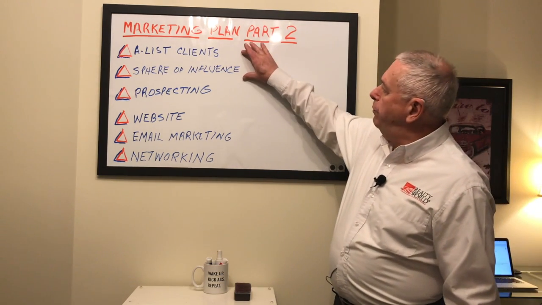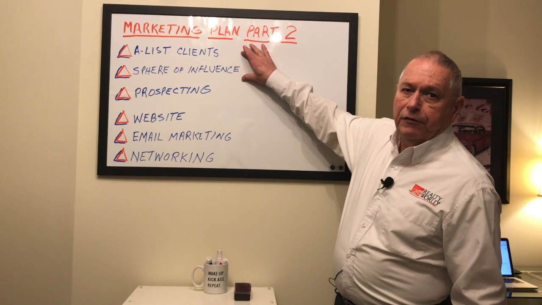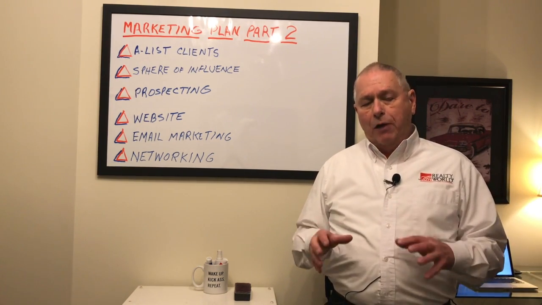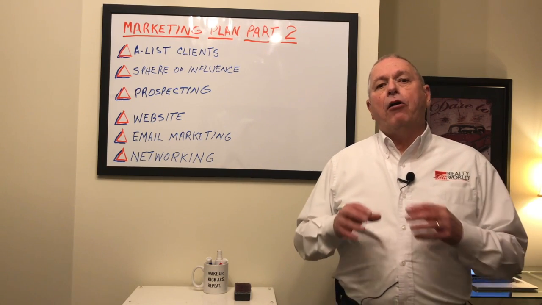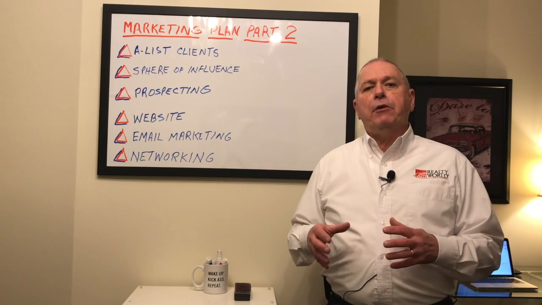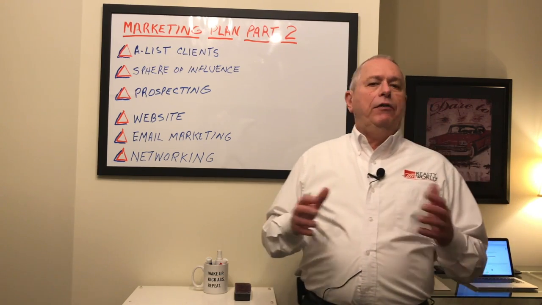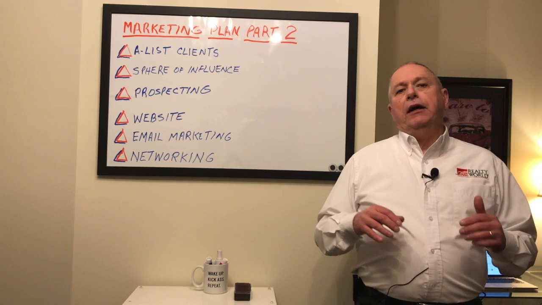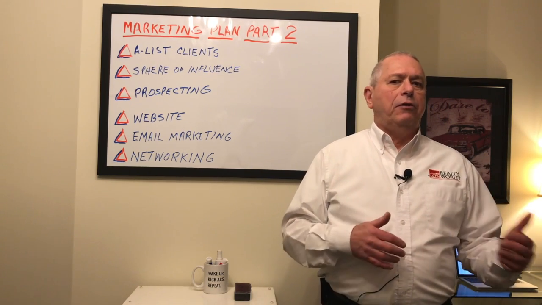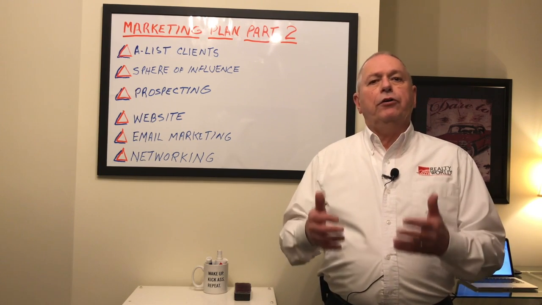You can also, with both of these, A-list and your sphere of influence, you probably want to spend some time networking with them on social media. When you reach out to them on social media, depending on the media that they like, keep in mind that they may be using different social media than what you're used to.